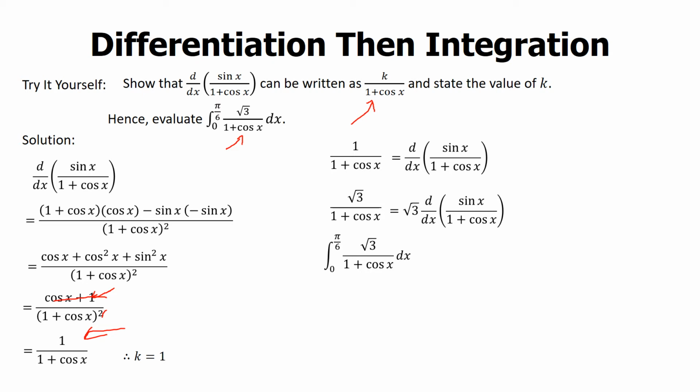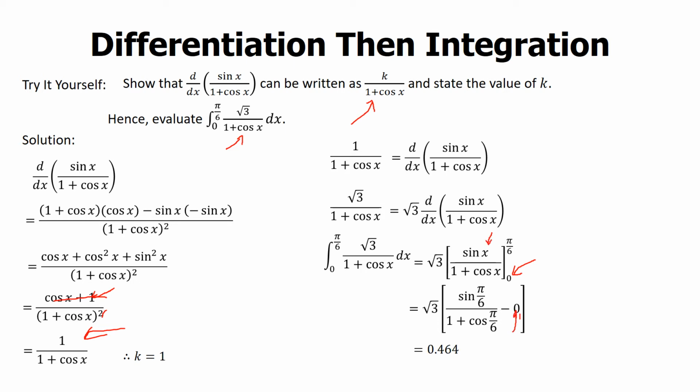Then, we integrate from 0 to pi over 6 of root 3 over 1 plus cosine x dx, which equals root 3 sine x over 1 plus cosine x from 0 to pi over 6. Substitute x equals pi over 6, we get sine pi over 6 over 1 plus cosine pi over 6, minus replace x equal to 0. So sine 0 is 0, so we just say minus 0. Okay, and the answer will be 0.464. The answer has been rounded off to 3 significant figures.